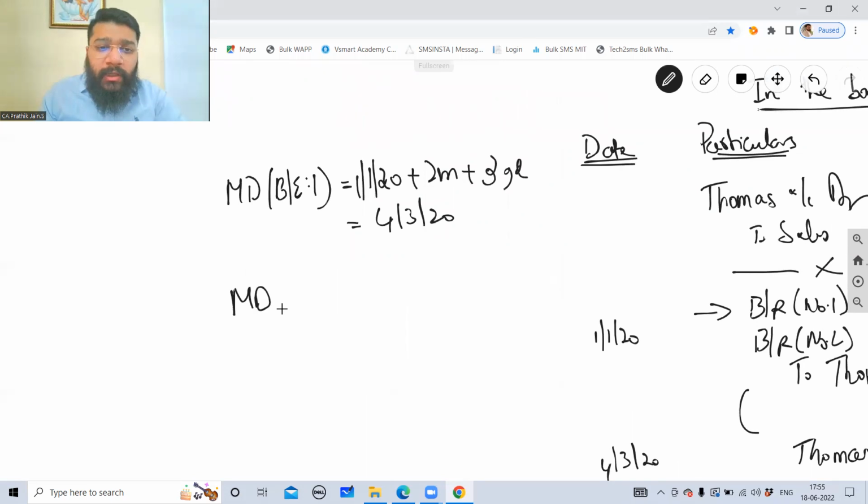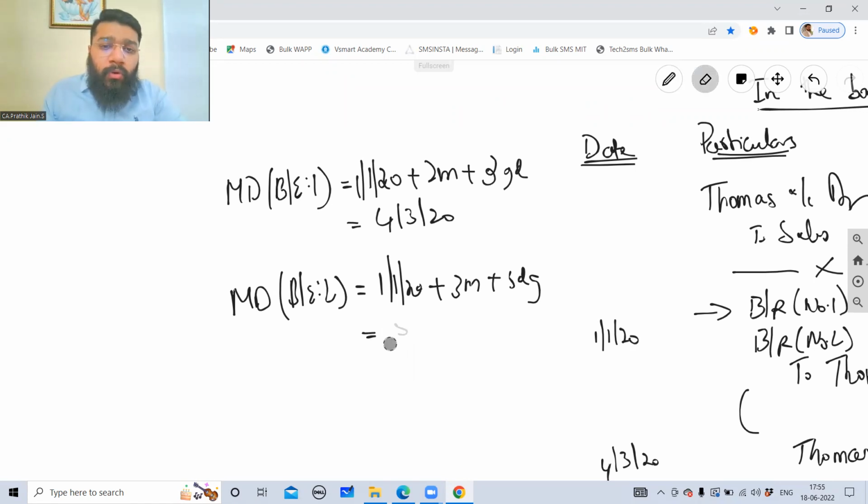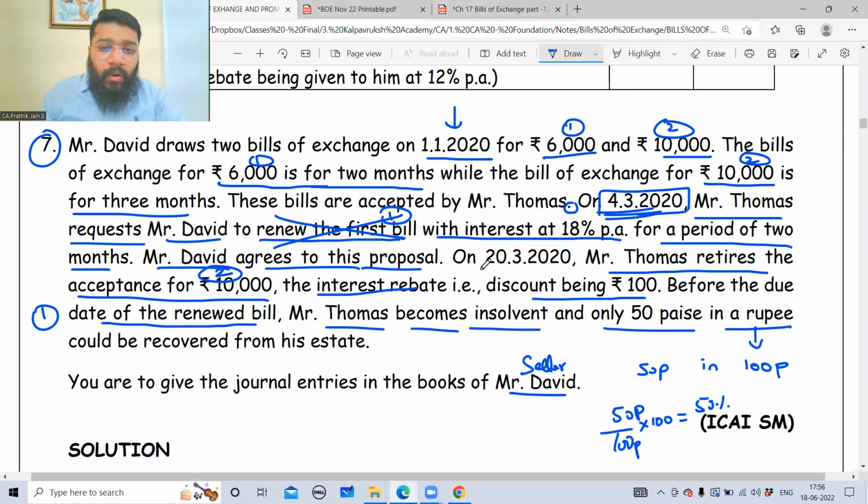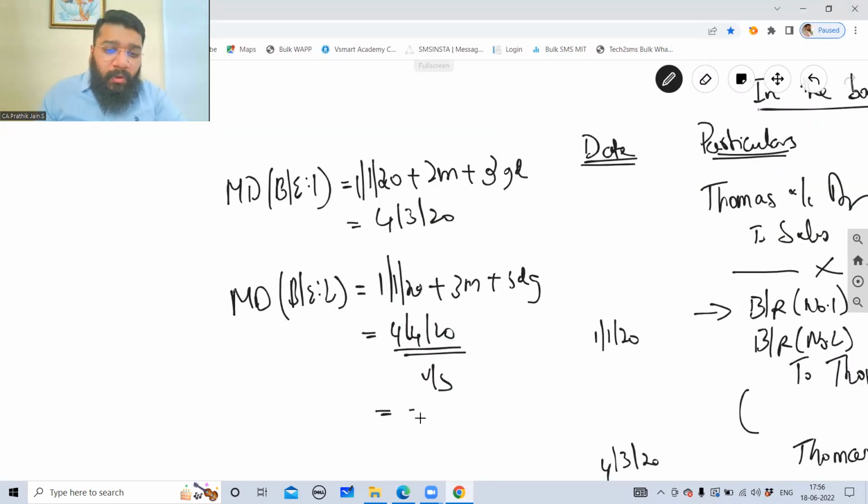Now guys, if I come to bill number 2, what is the maturity date of bill of exchange number 2? 1/1/2020 plus 3 months plus 3 grace days. So can I say this 4/4/2020? 4/4/2020 is the maturity date, but the bill is retired on 23/2020.